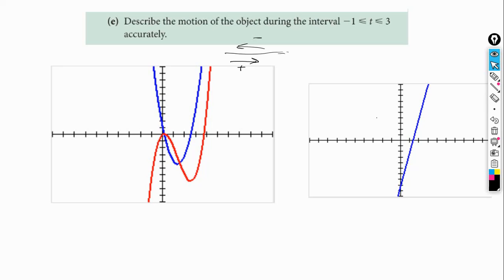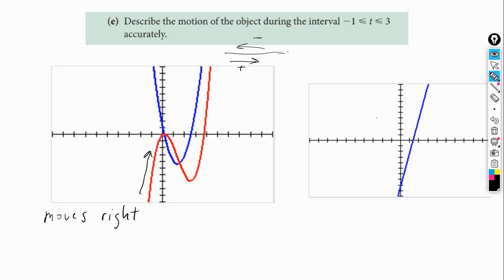So notice that if we look at the red graph, first it's going up, right? So as time increases, so does the graph. That means it's moving to the right. So we would start by saying moves right. And what's going on with the velocity?